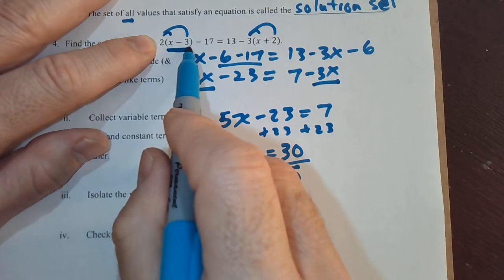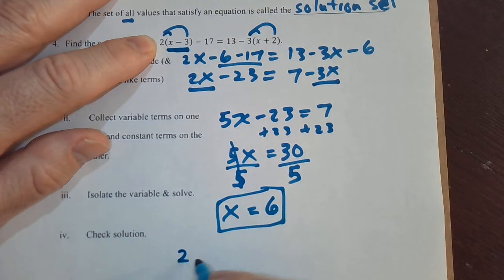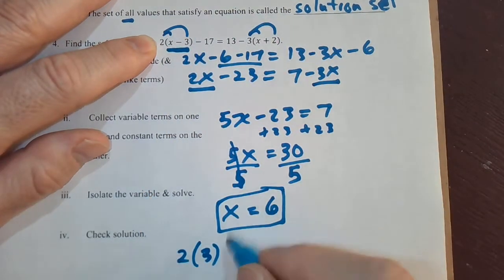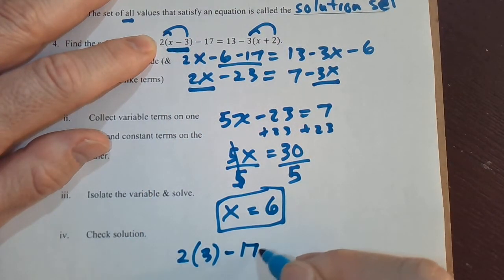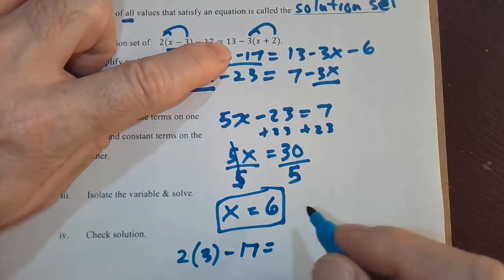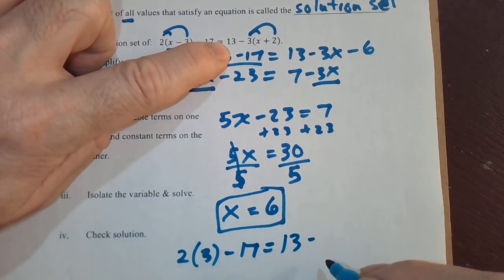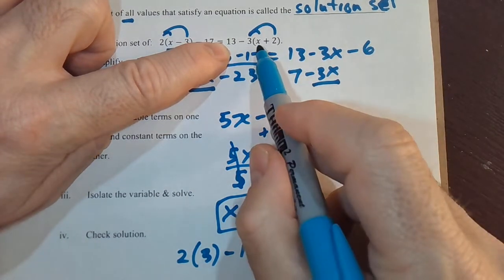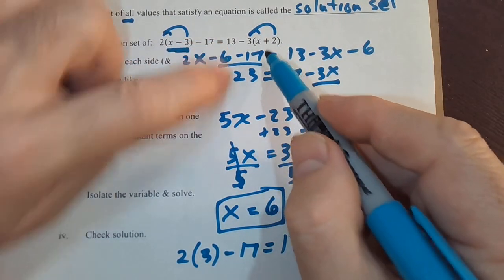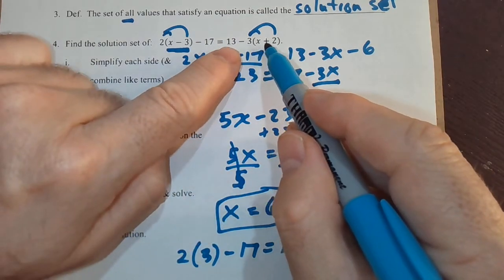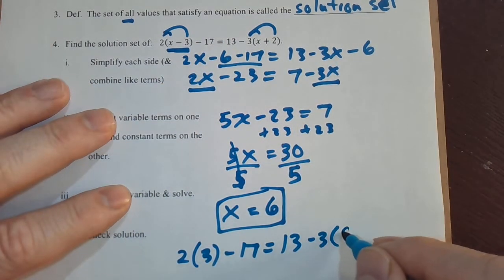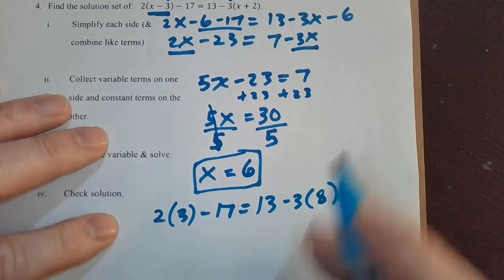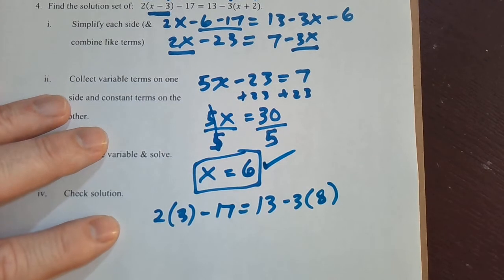If we were to replace x with 6, what would we have in parentheses right here? That'd be 6 minus 3. So I'm going to write down 2 times 3, because 6 minus 3 is 3, minus 17 equals 13 minus 3, I should say. And in parentheses, we have x plus 2. Well, x is a 6, so it would give me 6 plus 2 for 8. All we need to do is make sure that this is a true statement, and we'll know that this answer of x equals 6 is correct.